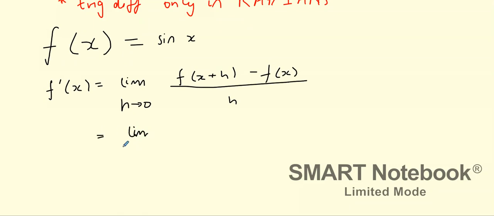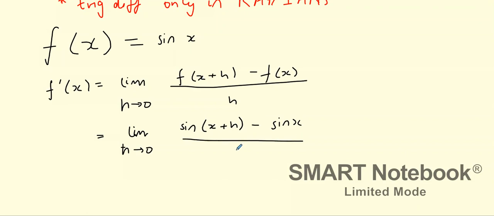So then I'm going to say the limit as h tends to 0 of sine x plus h, because if f of x is sine x, then my input now is x plus h, so this changes to sine x plus h, minus sine x, all over h. So this is your starting point.